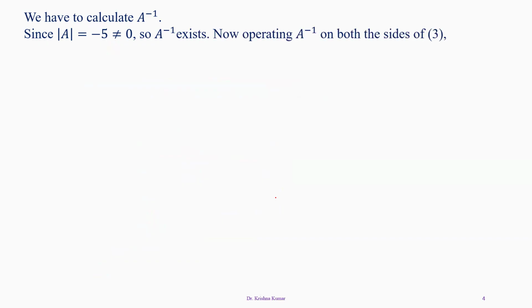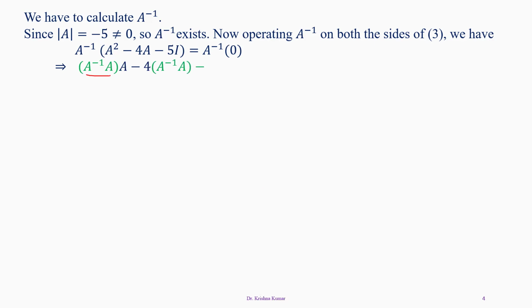Now, operating with A inverse on both sides of equation 3, we have A⁻¹(A² - 4A - 5I) = 0. This gives A⁻¹A·A - 4A⁻¹A - 5A⁻¹ = 0.